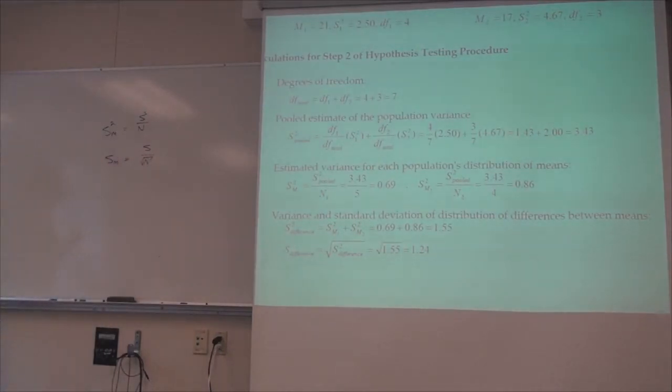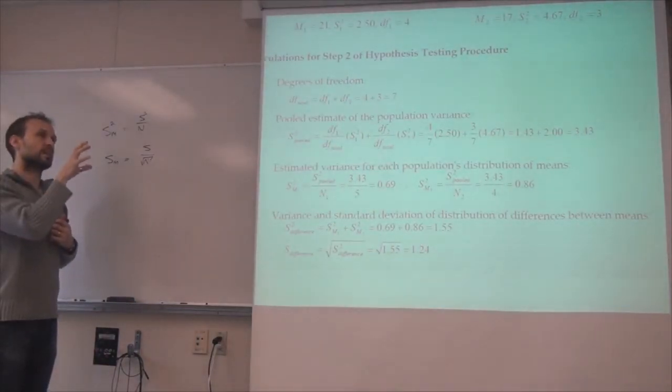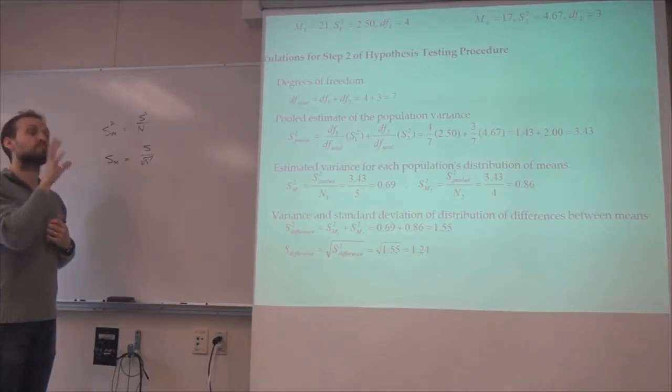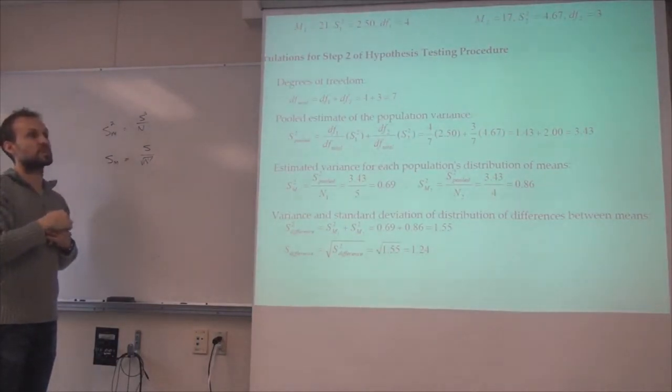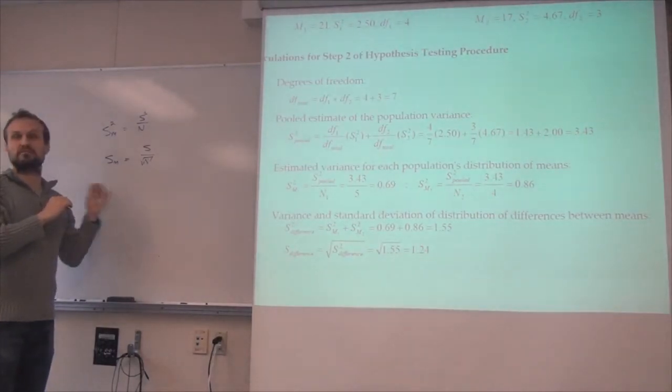That's how we've been going from the population distribution to the distribution of means. And I have to do that because I'm working with a sample. I need to see a sample of more than one individual. I need to see where that sample average sits among all possible sample averages that I could possibly get. That's what we've been doing for 2 days now.